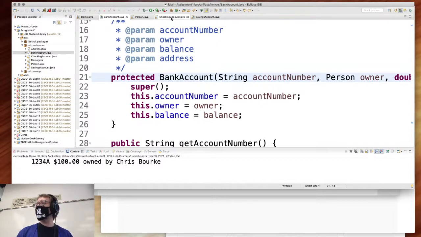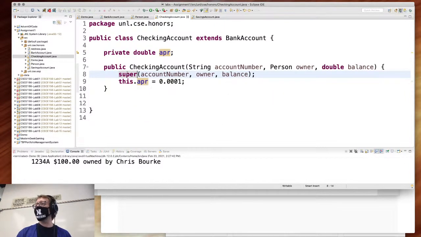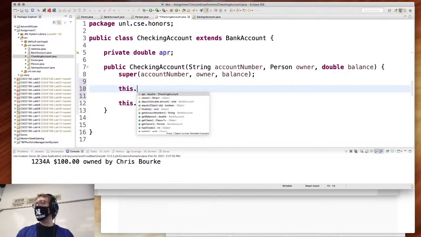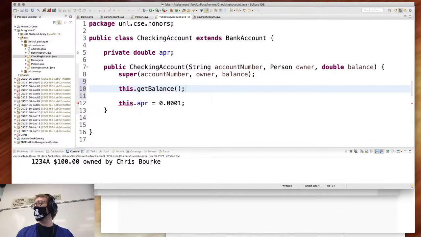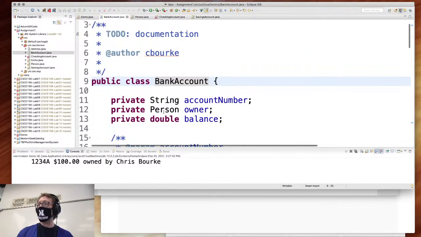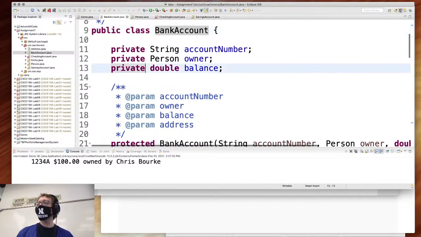Now over here in checking account, yeah, you can see that super constructor there. In fact, you can see anything that is protected. Just to show you what I mean by that, this dot, I don't know, balance. I don't want that. Balance is equal to 42. Right? I can't see that in the subclass here, even though it's there. I've inherited it from the bank account, but that's because it is private.